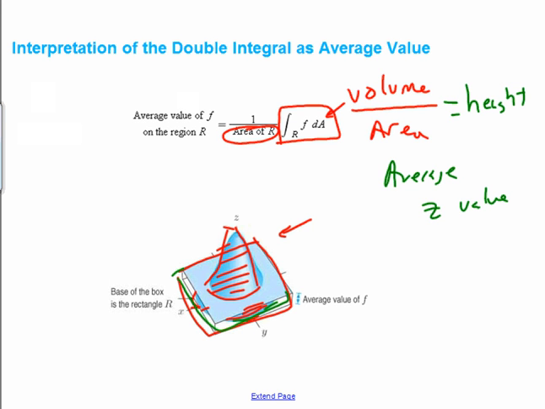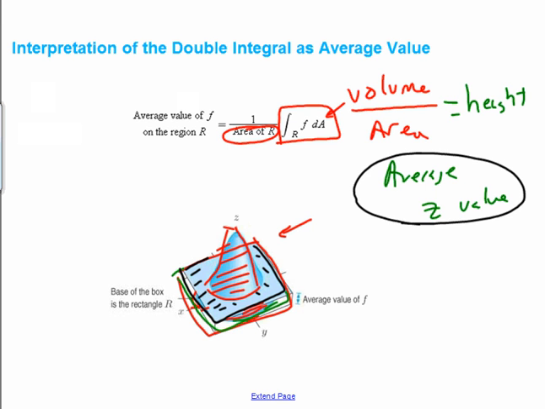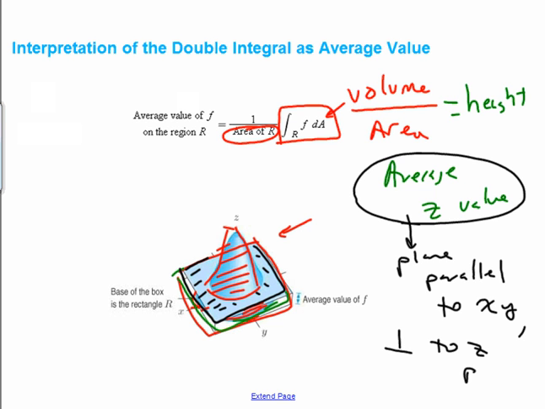And what that's represented on a graph is a plane. It's this plane here that's drawn. It's that plane which is the average z value. So this is going to return a plane that's parallel to the xy plane and perpendicular to the z axis.